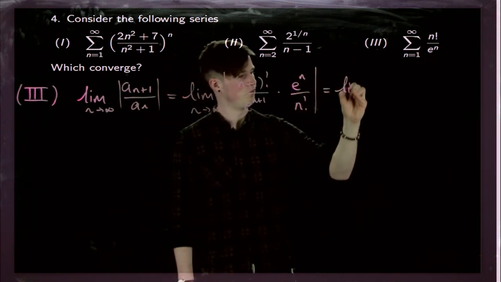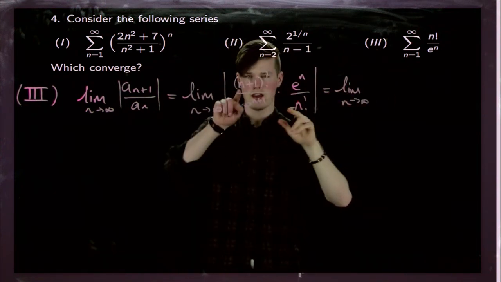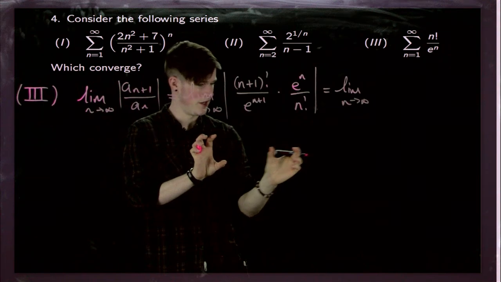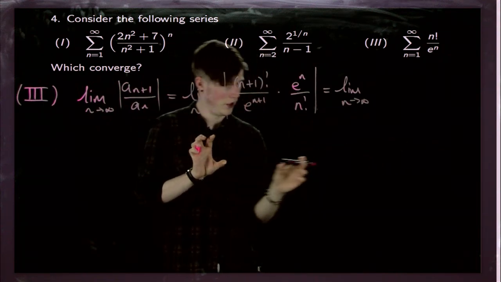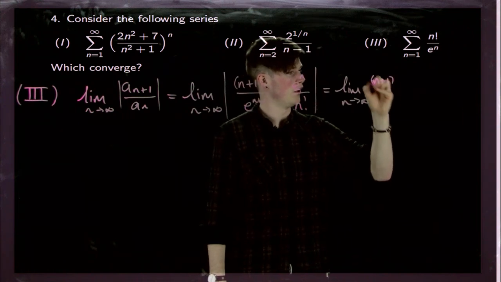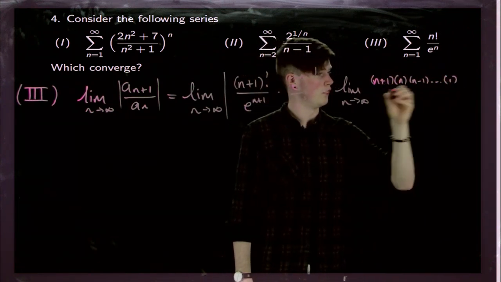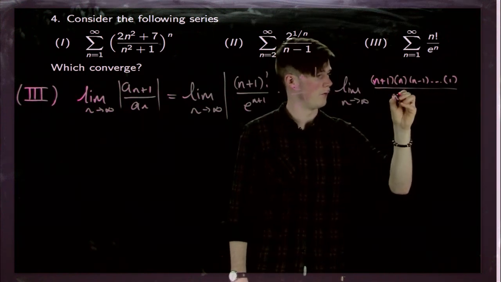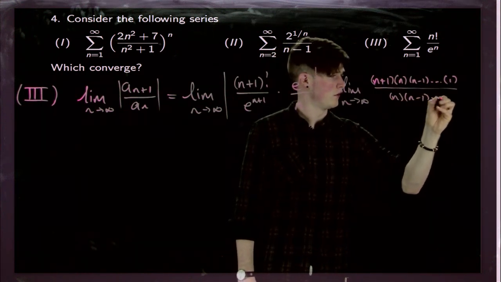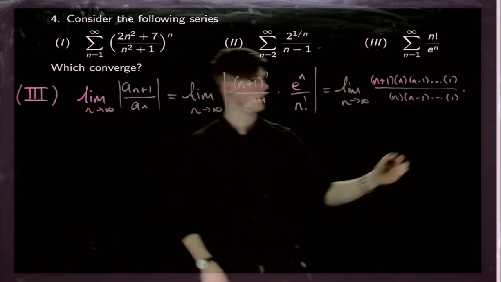This is equal to the limit of (n plus 1) factorial, which is (n plus 1) times n times all the way down to 1, over n factorial, which is n times all the way down to 1, times e to the n divided into e to the n plus 1, which is just 1 over e.